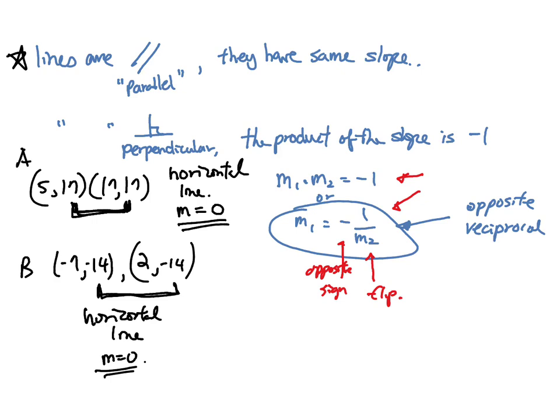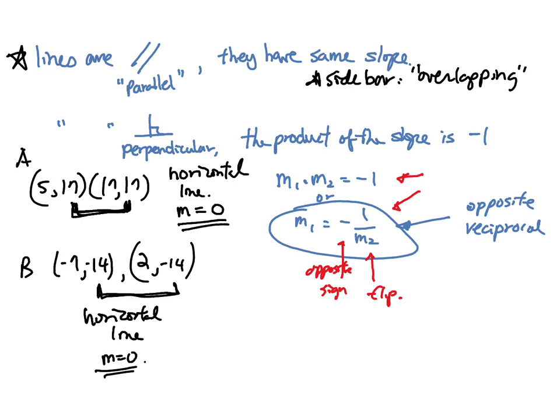Now, sidebar. There are sometimes where two lines have the same slope, but they're not parallel, because they overlap. Two lines could be exactly the same, which means they lie on top of each other, and they'll both have the same slope.